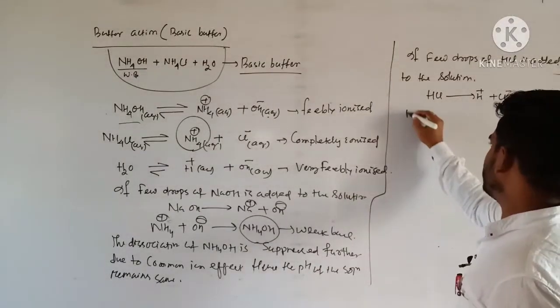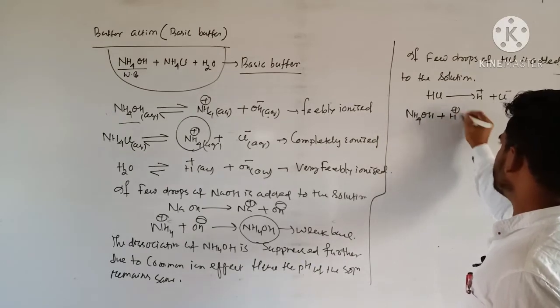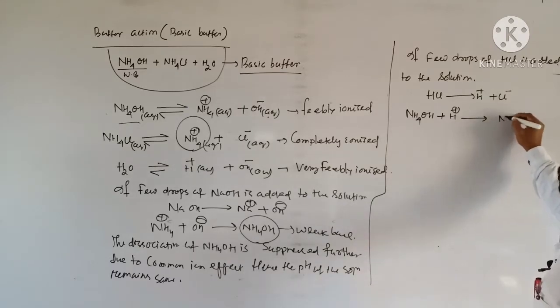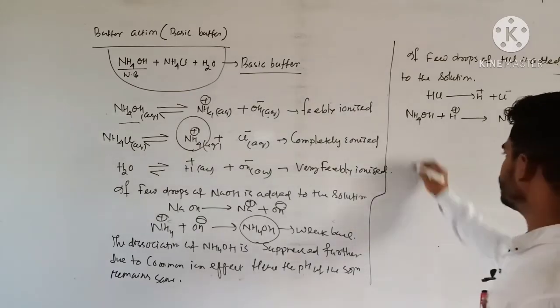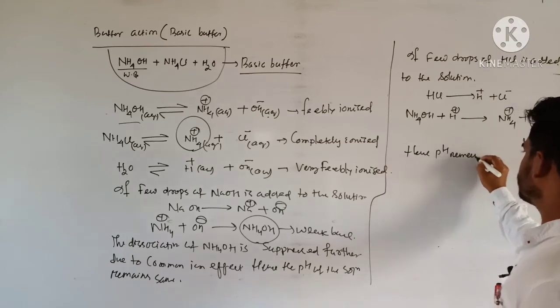This H plus combines with NH4OH, acid base neutralization takes place, and it will give you NH4 plus and H2O, and water is very weak, hence pH remains same.